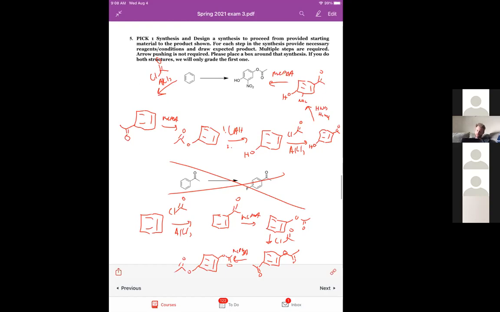There's no reason to pick one over the other. This is going to lead to a diol. And you're going to be stuck, which is why you have to make the full alcohol first before you can do one or the other. This is the dead end you can run into. So you're most likely to have to make the full alcohol first before you do any of the other parts of this.